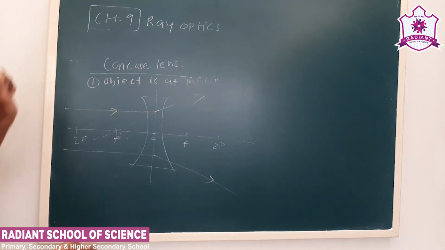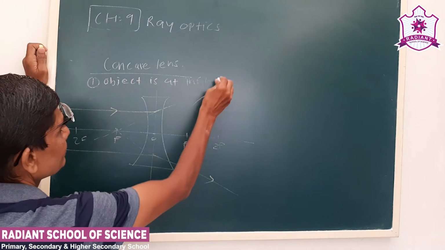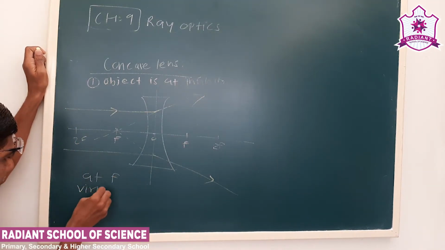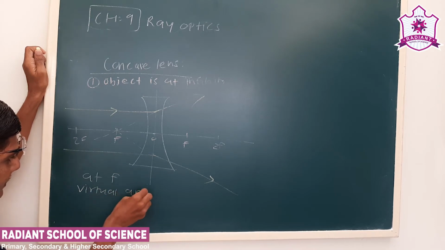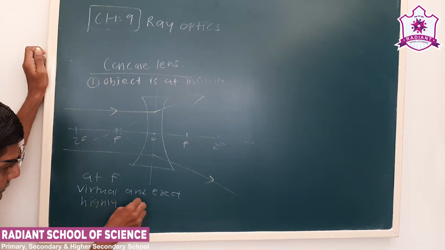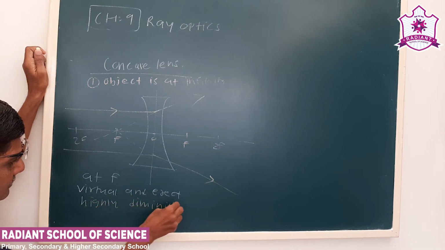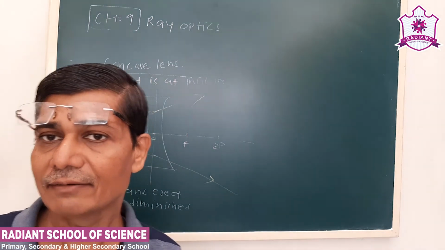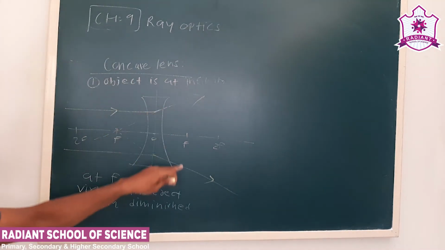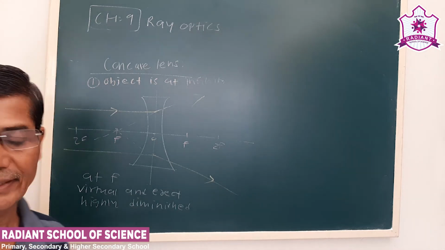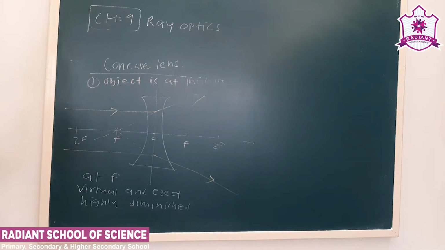When the object is at infinity, the image will be at F, virtual and erect and highly diminished. The rays are diverged, but we produce them back to assume that the image is formed at F. So it will be virtual and erect and highly diminished.